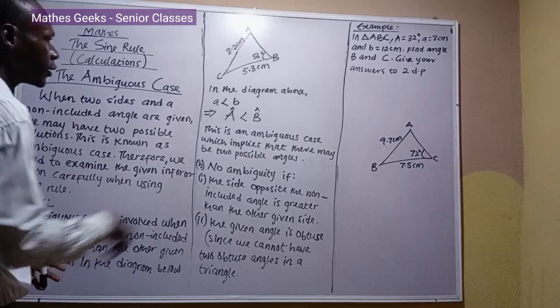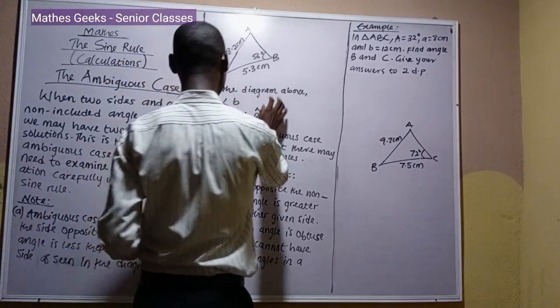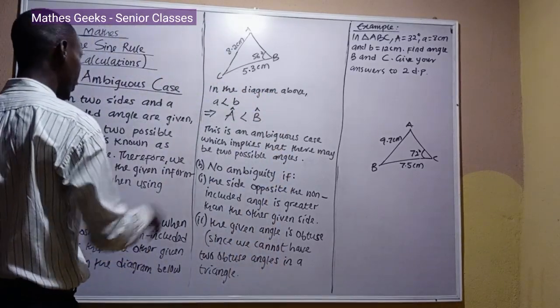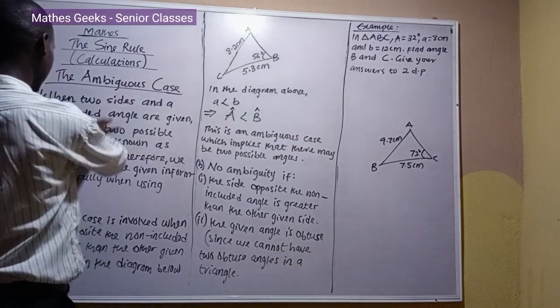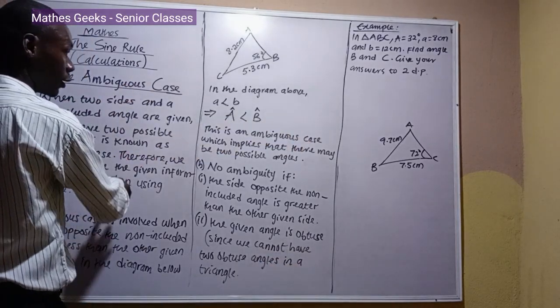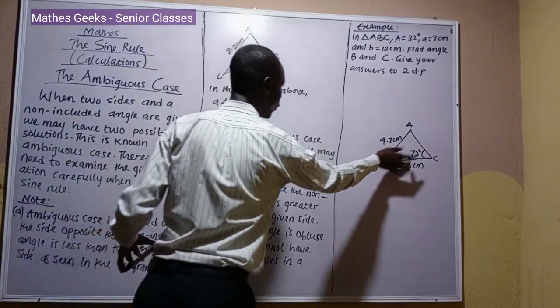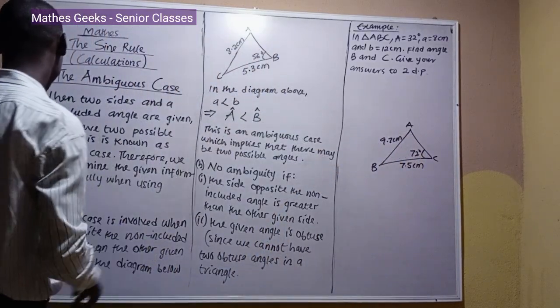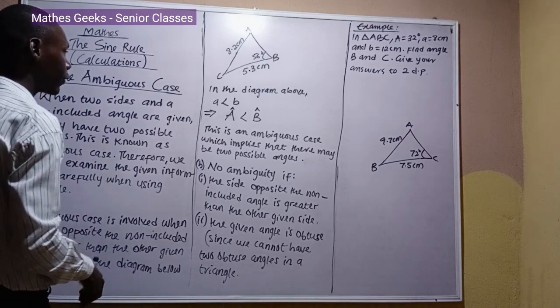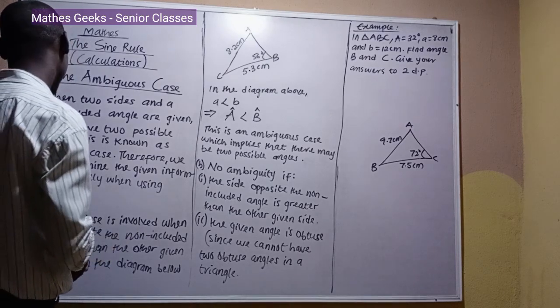So let's take this as an example. Assuming we solve this triangle with this general overview in mind, that since we have two sides and a non-included angle there may be two possible solutions, once we have our answer we use these rules to check if indeed the solutions are ambiguous.